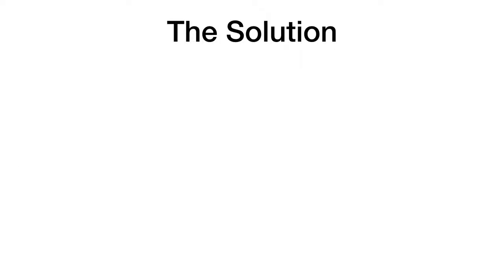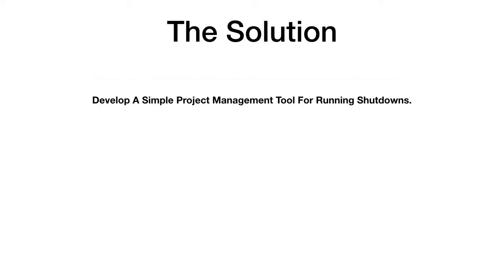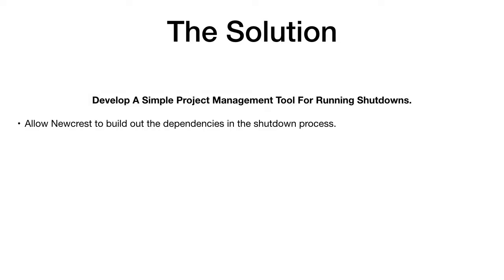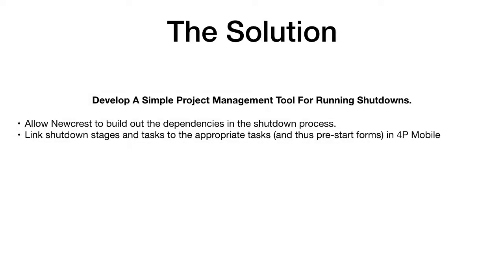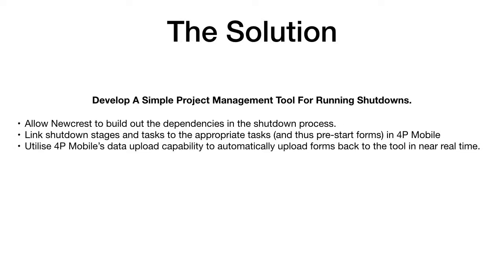In terms of the solution, we think 4P Mobile and 4PS is certainly part of the solution, but the gap really is developing a simple project management tool for running the shutdowns. This is going to allow Newcrest to build out the dependencies in the shutdown process. It's going to be able to link those shutdown stages and tasks to the appropriate forms in 4P Mobile.